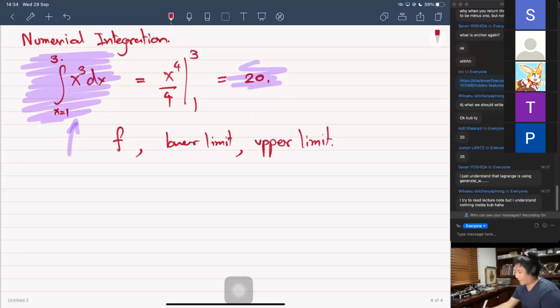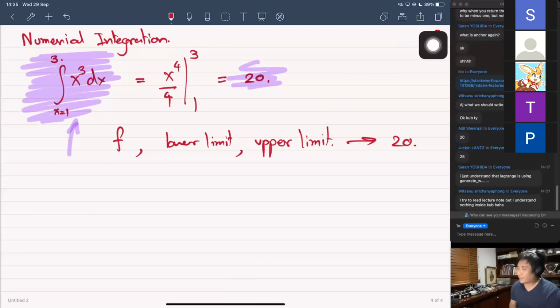It should give me 20. There are some packages that do symbolic integration as well, but that's not the story for this class. Maybe for Ajahn Kanak's class, not my class. The thing is that it's hard.